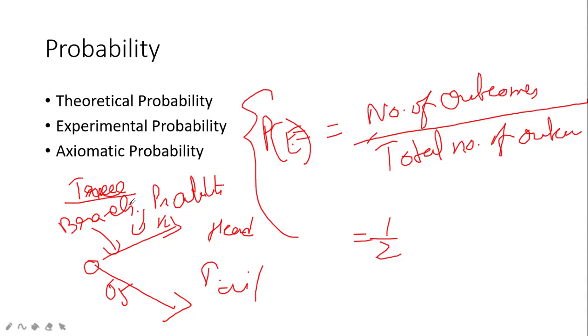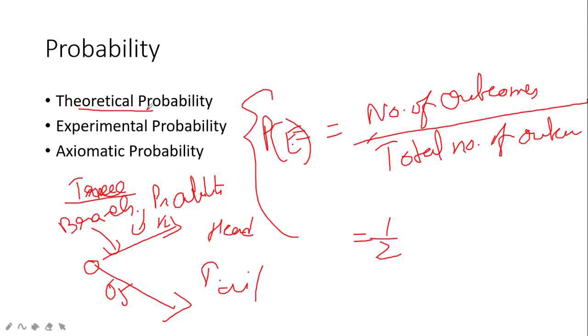Now let's move to the types of probability. We have three basic types: theoretical probability, experimental probability, and axiomatic probability. Let's understand them one by one. The first is theoretical probability.